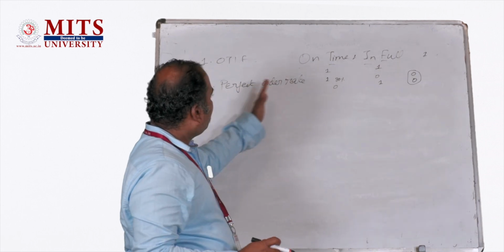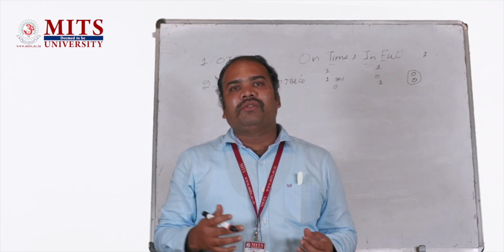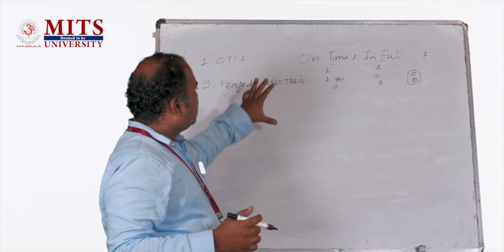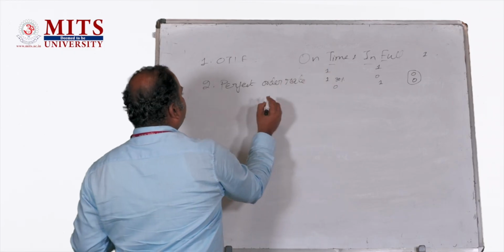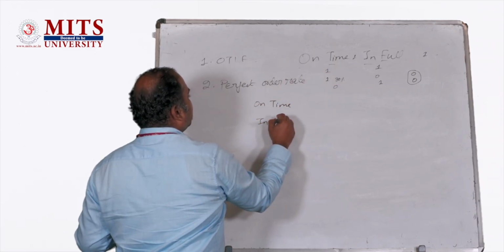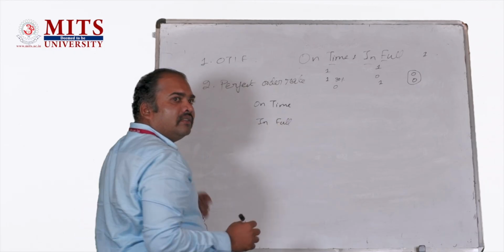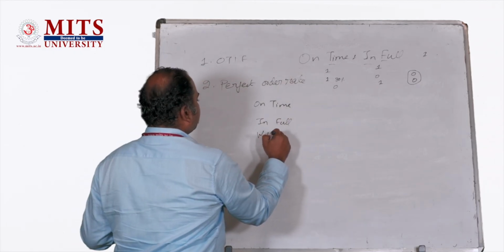Your perfect order rate is the ultimate metric in case of measuring your delivery quality. It comprises 4 factors. The 2 factors which we have discussed before: on time, in full. The third one is damage free, without any damage.